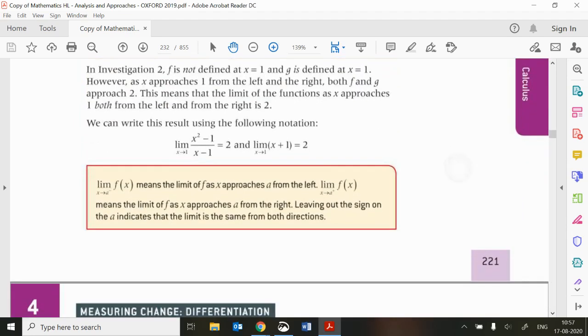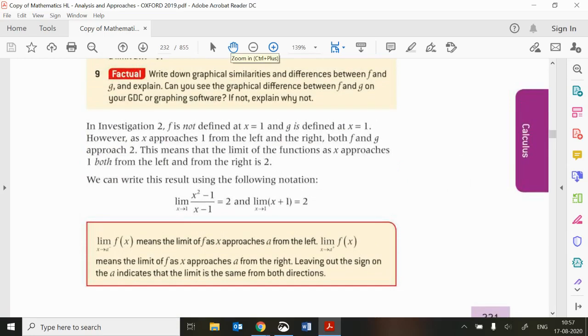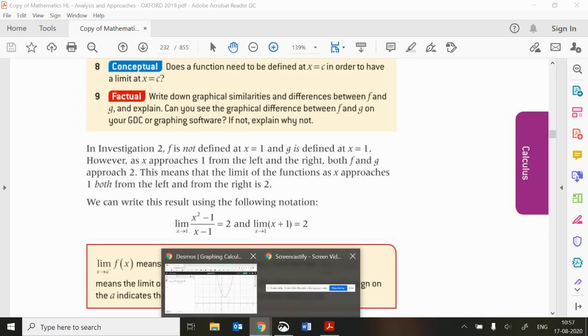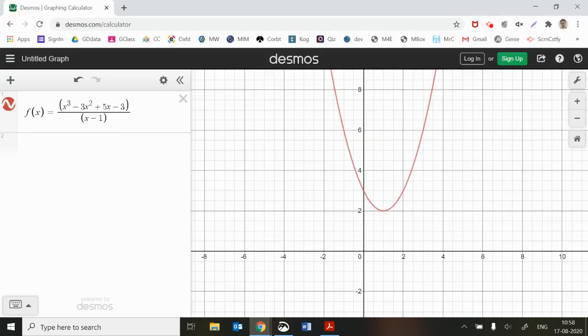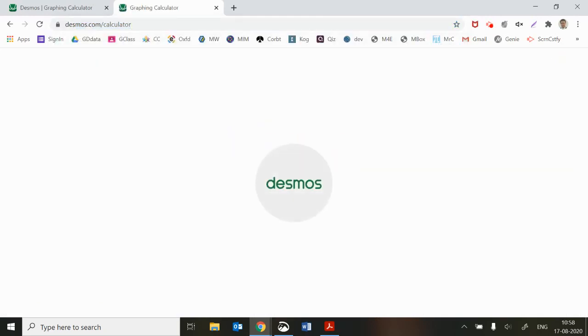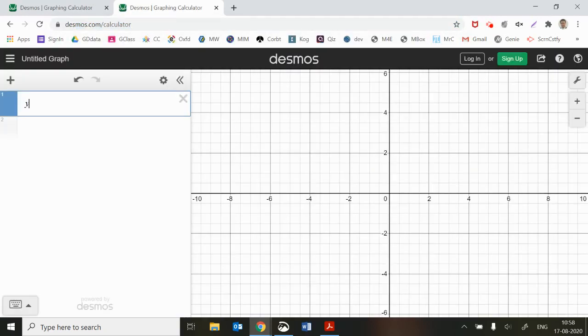And so when you find that out, you'll see that, in fact, as you approach x equals 1, you seem to get out the answer of 2. Let's put that on Desmos, okay? So we've got x squared minus 1 over x minus 1. So let's put this one on. y equals x squared minus 1 divided by x minus 1.